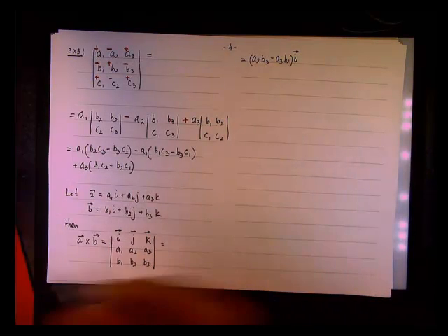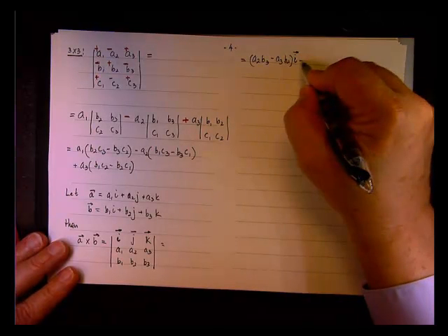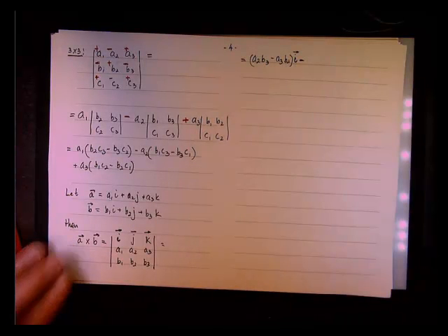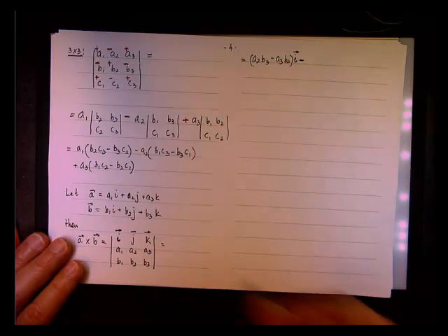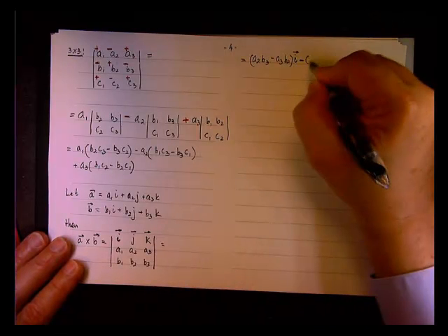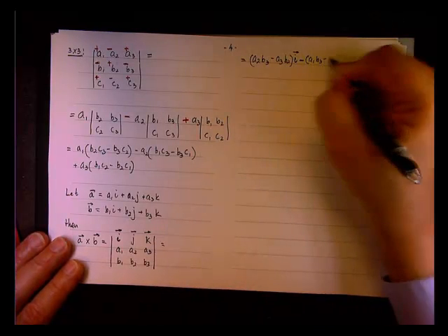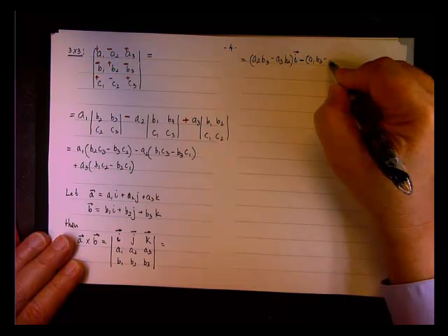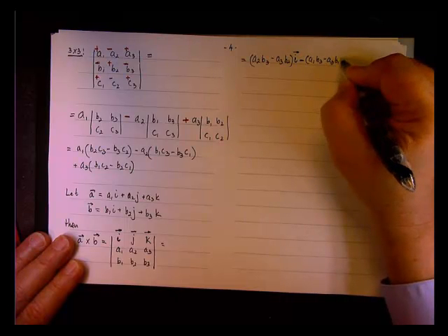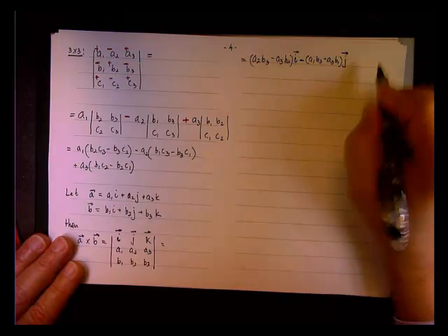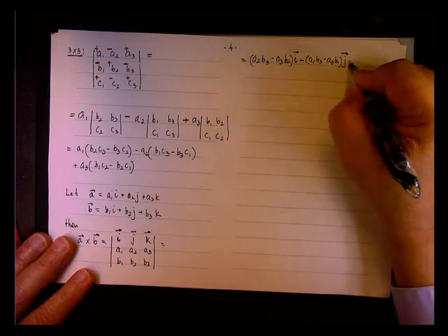It will be A2, B3 minus A3, B2, and that is the component in the I direction. Likewise, you can imagine what's next. Remember, here we're going to stick a negative.